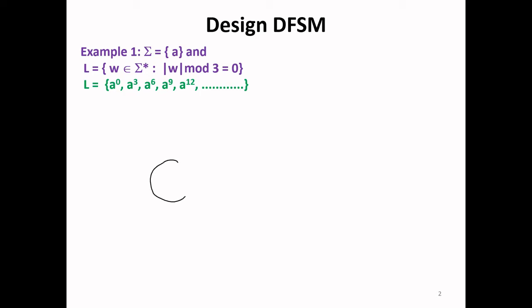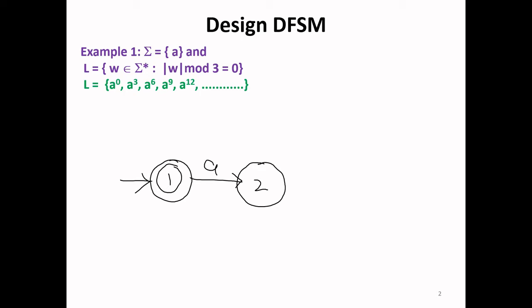Initially, as you know, the initial state will be the final state, because the first string to be accepted is 0 a's. Assume this as state 1. Next, for 1 a it will go to state 2.